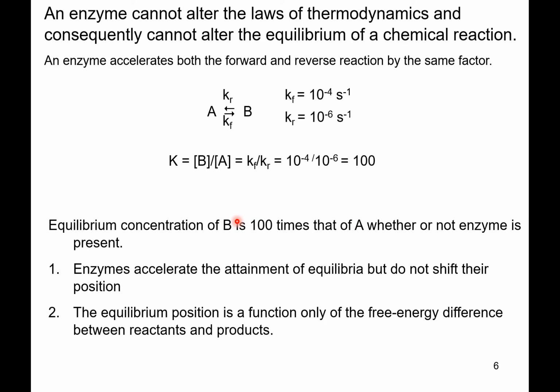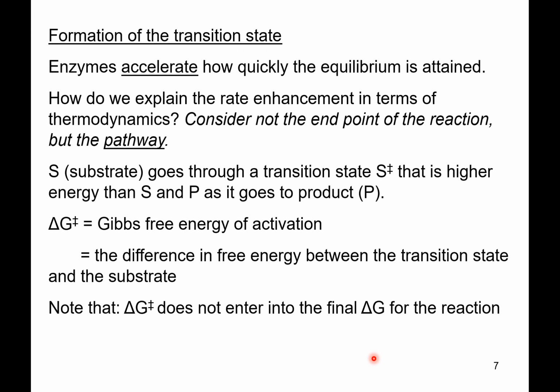Okay, so that's something very important to remember about enzymes. They speed up the forward reaction. They also speed up the reverse reaction. So they don't affect the equilibrium, but they do accelerate how quickly the equilibrium is attained.